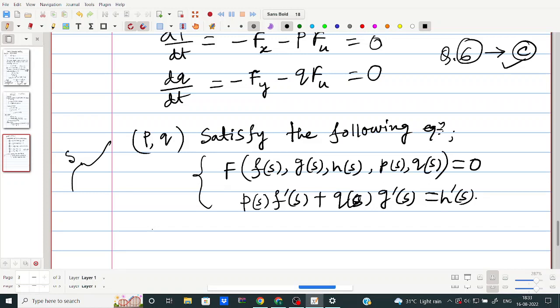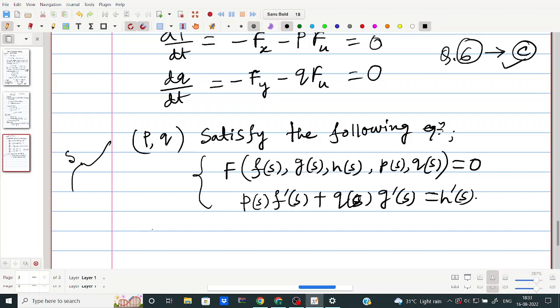So now, what is F? F is p cube minus q. So F is p(s) cube minus q(s) equal to 0. And what are f, g and h? I first wrote them initially. F is s, g is 0 and h is 2s root s, that is 2s power 3 by 2.